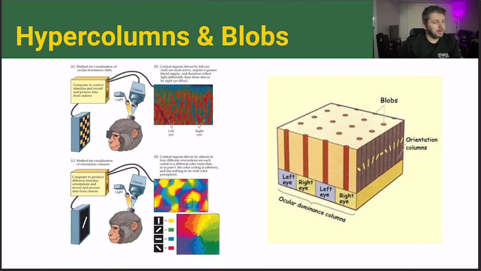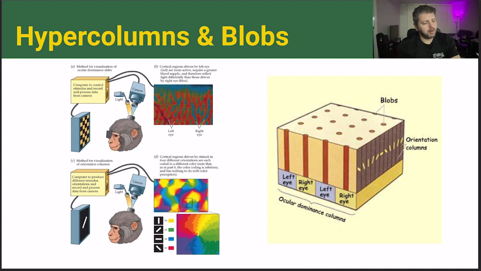Now we're going to speak a little bit about hypercolumns and blobs. As we talked about earlier, we have input from the left eye and right eye. These are all sent via the lateral geniculate nucleus in both hemispheres back to the primary visual cortex.